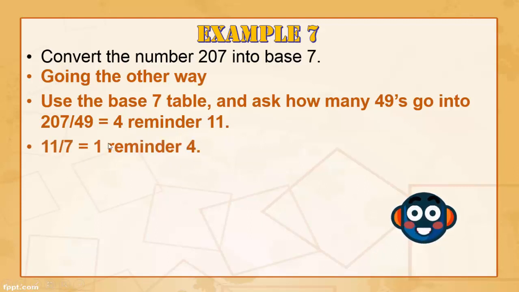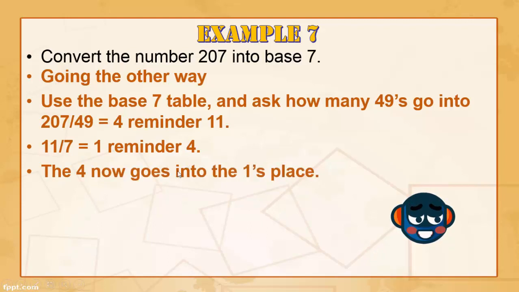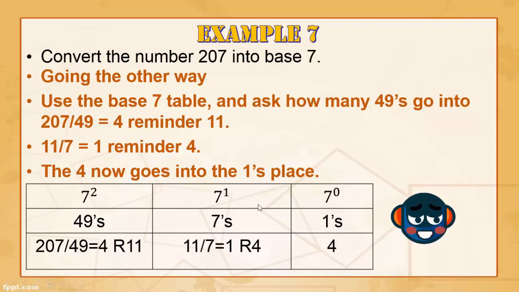And then we take the 11 and divide that by 7, and we see that we get 1 remainder 4. And now lastly the 4 goes into the 1's place. So we construct the table as follows, and we get 4, 1, 4, base 7. And again, remember, you always must write the little base here when it's anything other than our base system.